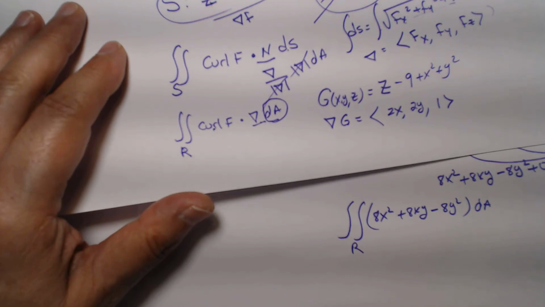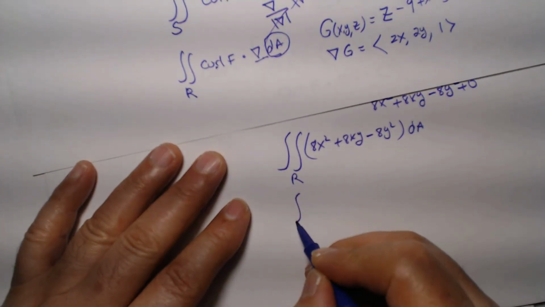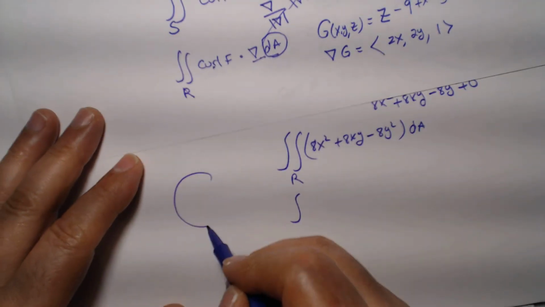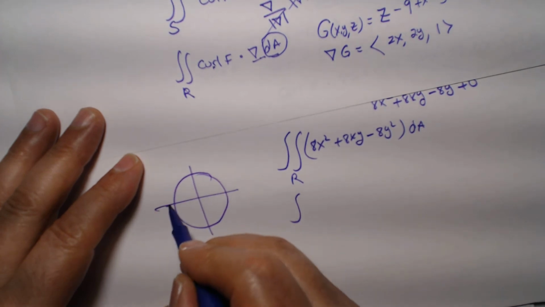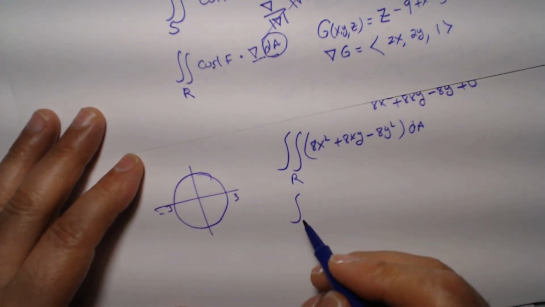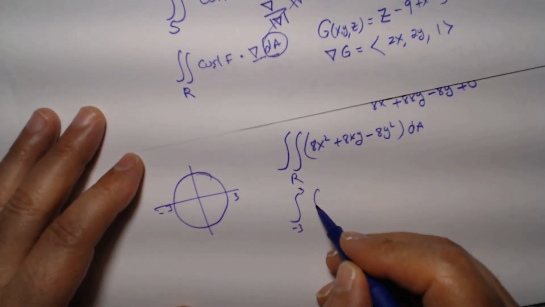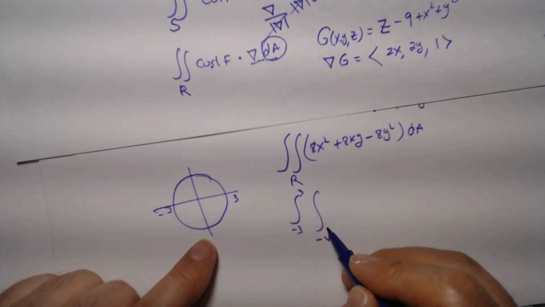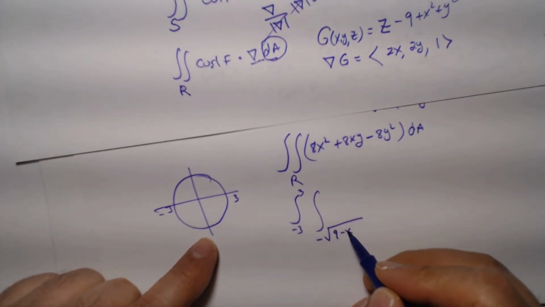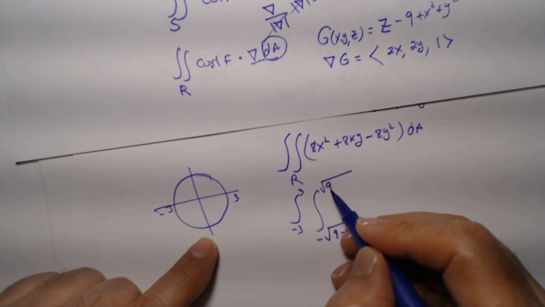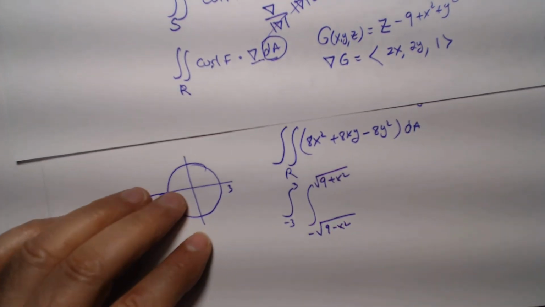Then your region is a circle with a radius of 3. I go from -3 to 3, and your y goes from negative square root of 9 minus x squared to positive square root of 9 minus x squared.